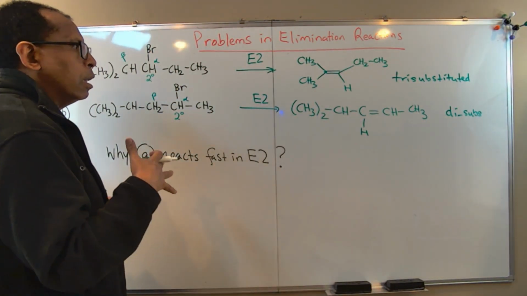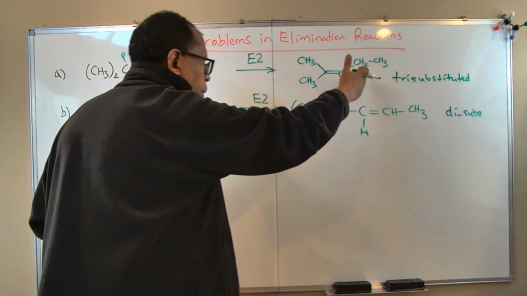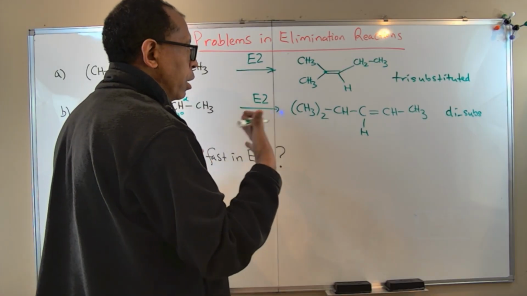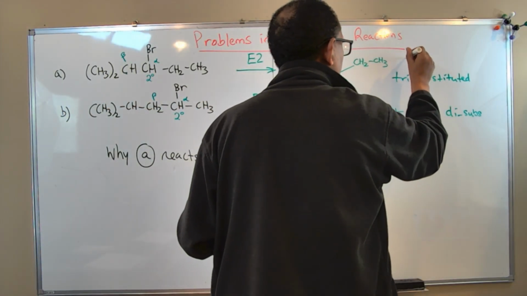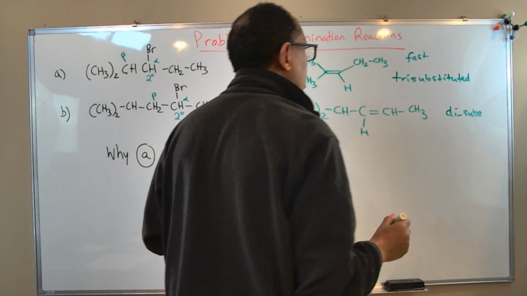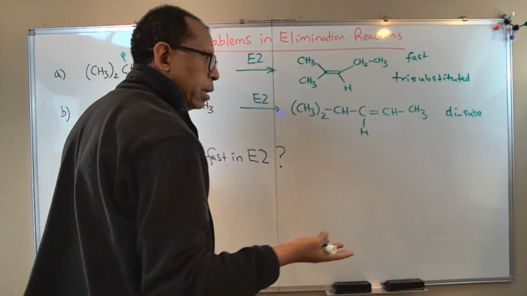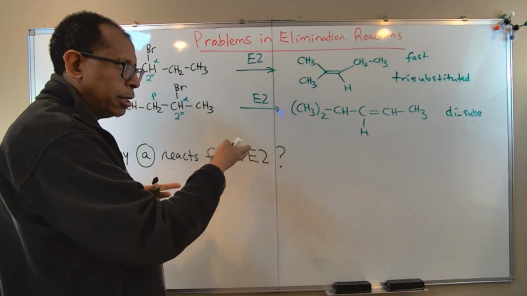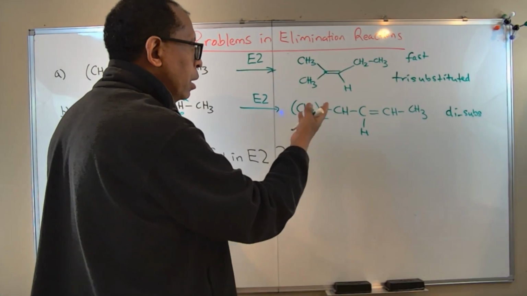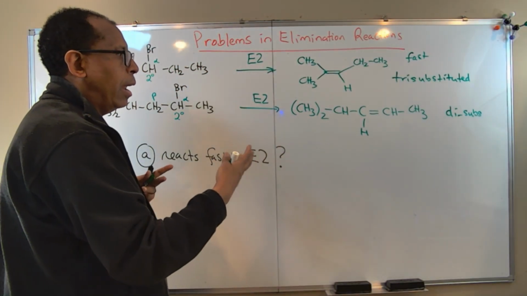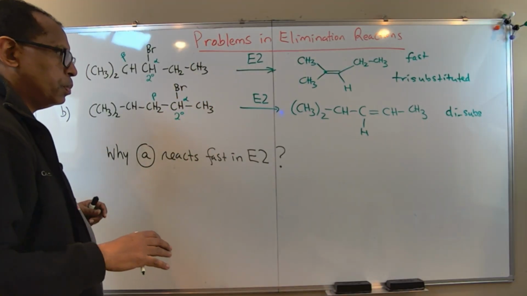So it is much easier for a reaction to form a more stable product, which goes fast. That's why it is going fast. And that is a di-substituted, a less stable one. The less stable cannot form very fast, because the less stable is not something the reaction likes to do. So that's one of the reasons.